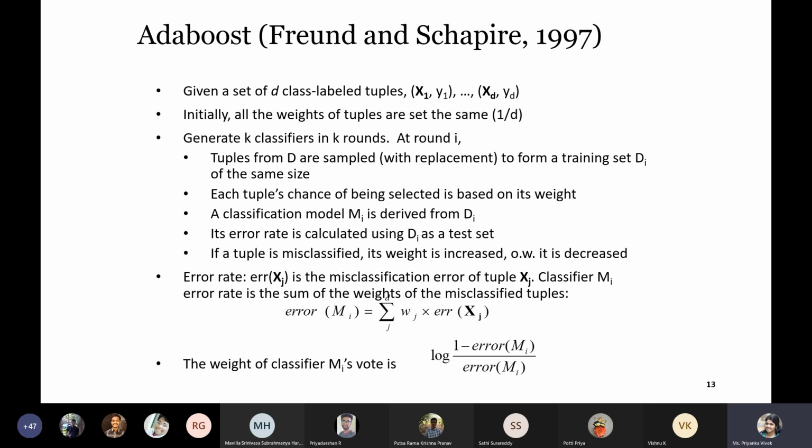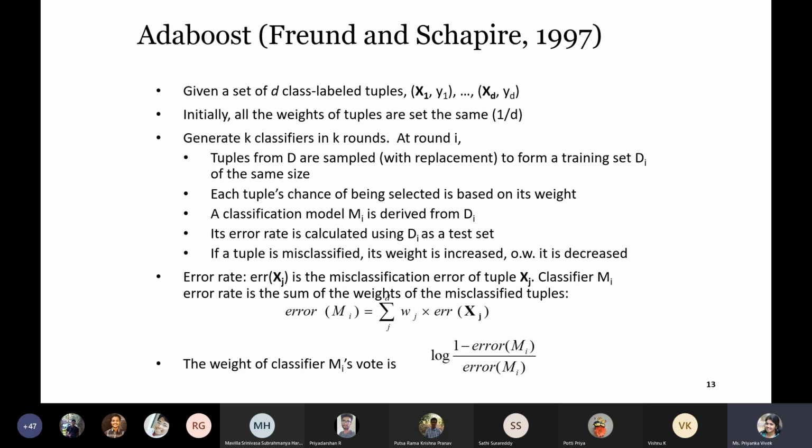Once the first iteration happens, since all the instances have equal weightage, we take the samples and generate a model called M1. Then its error rate is calculated. If any tuple is misclassified, its weight is increased. How is that error calculated? The error of xj is the misclassification error of that particular instance.